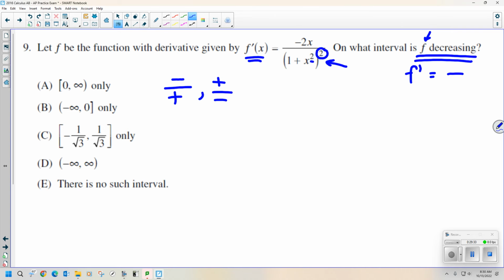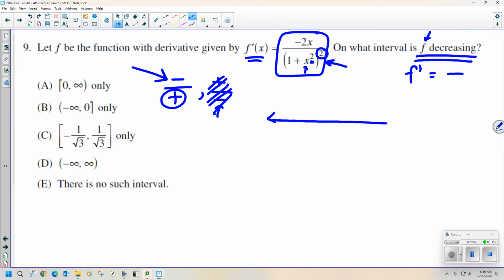I mean, the inside is squared as well. Okay? The bottom will never be negative. The bottom will always be positive. That means in order for this whole fraction to be negative, okay, we're only going to look at the top. That only happens when the top is negative. Okay? So I say, all right, let's find out where it's 0.